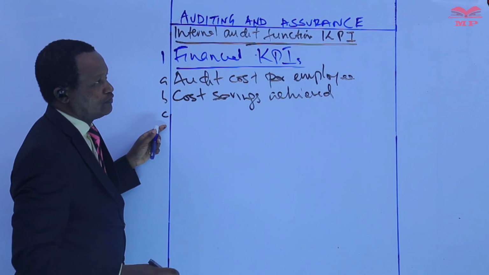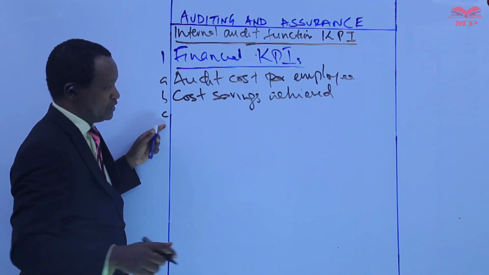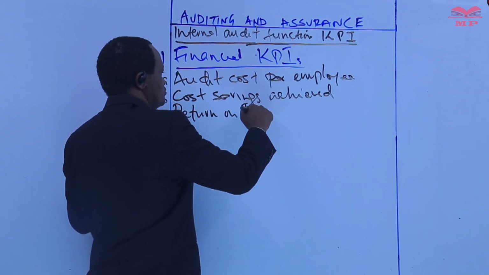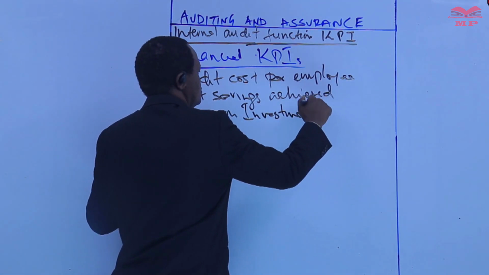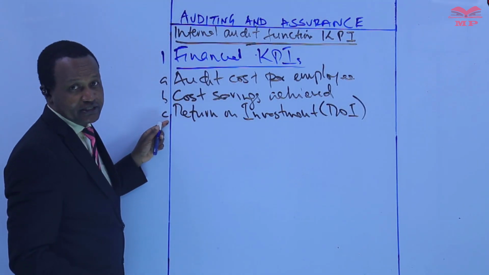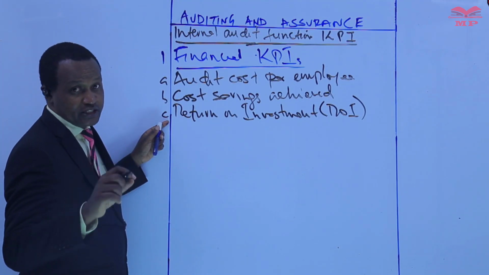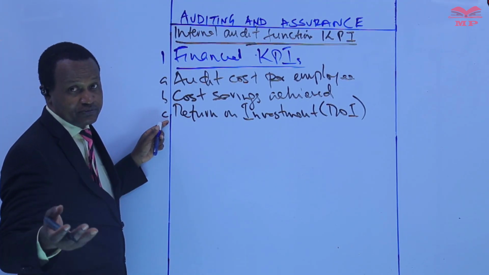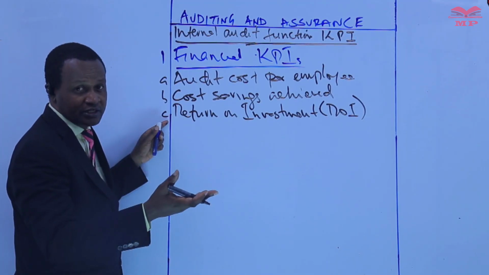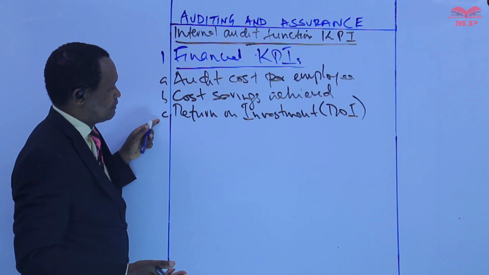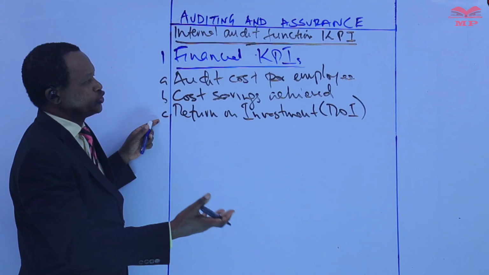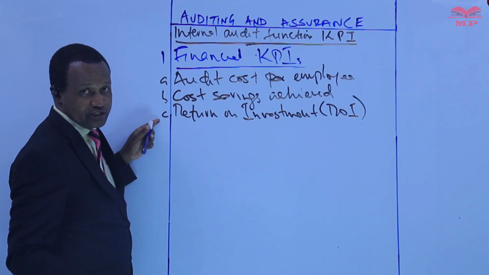Then third, we have what we call the return on investment, ROI. This is another key performance indicator that calculates the financial return on the investment in the internal audit function by comparing the benefits achieved to the costs incurred. What is the total investment in the internal audit function?